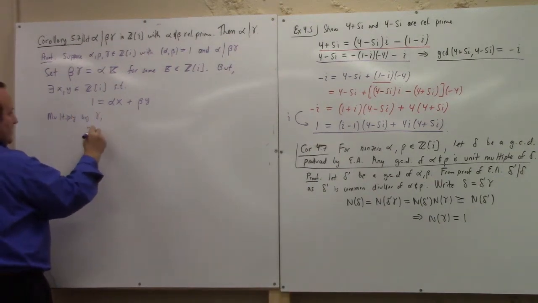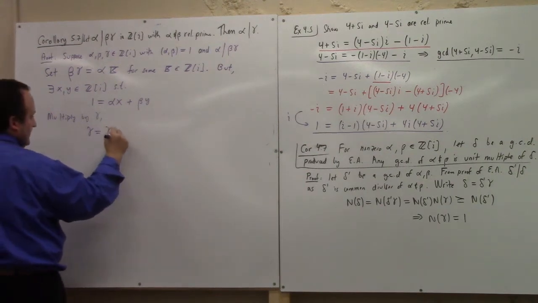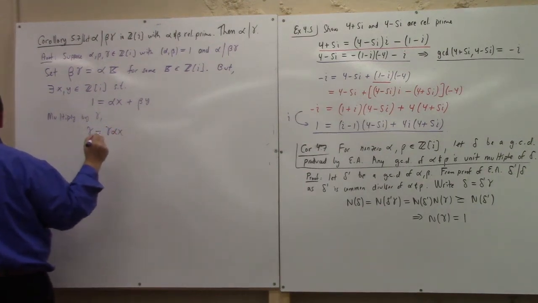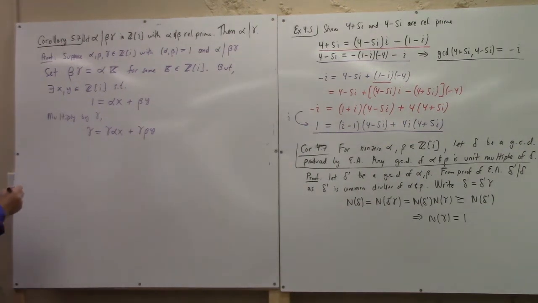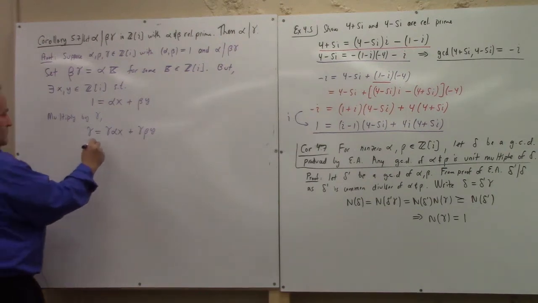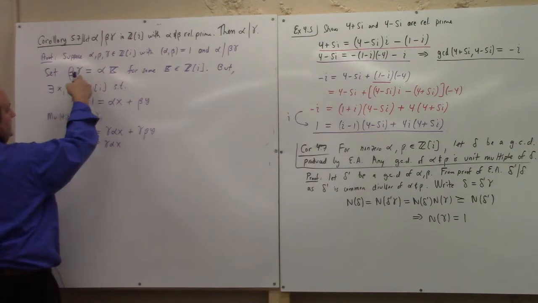That gives us gamma equals gamma alpha x plus gamma beta y. But we already know what gamma beta is. Remember gamma beta up here? It's alpha kappa.